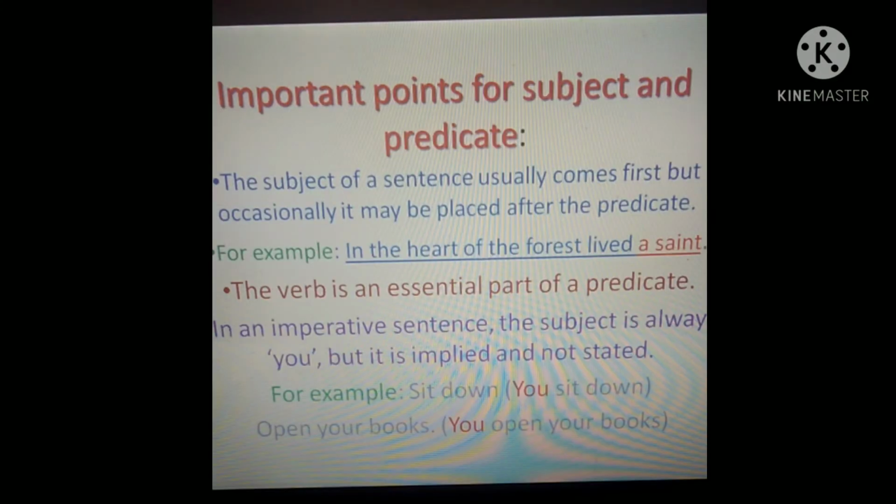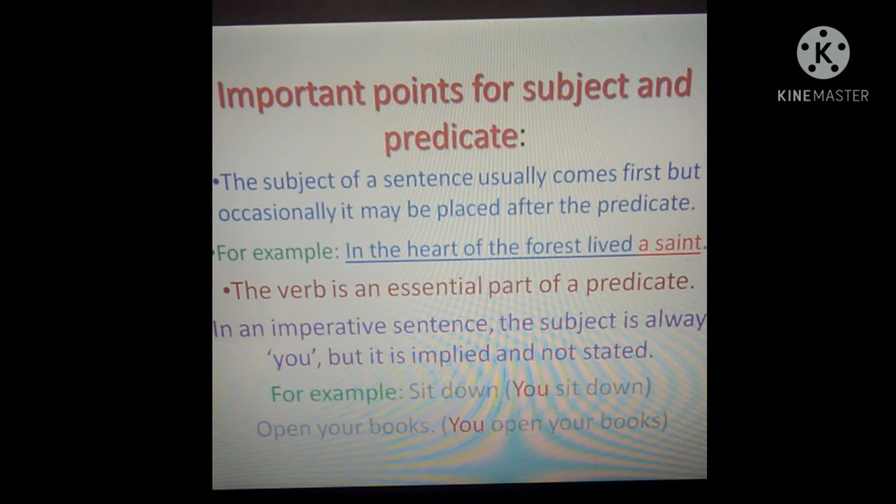Now, important points for subject and predicate. The subject of a sentence usually comes first, but occasionally it may be placed after the predicate. Now read the next example. In the heart of the forest lived a saint. Now, what is the subject in that sentence? That is a saint, about whom we are talking.